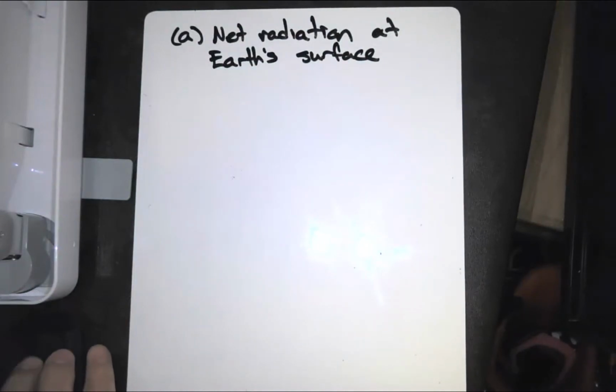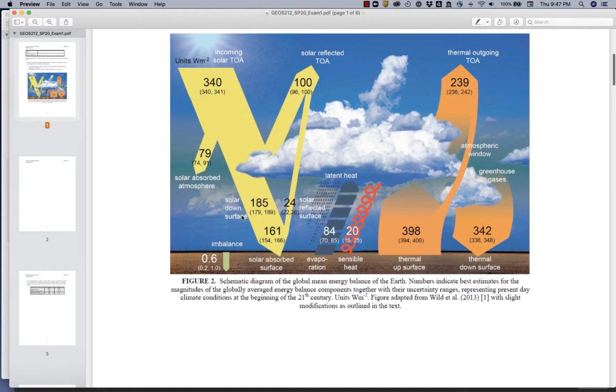Okay, so if we look at our diagram right here, and we look at the radiation fluxes we have, they are here in yellow and in orange, okay? And so for our solar or shortwave radiation, we have 185 watts per square meter coming in.